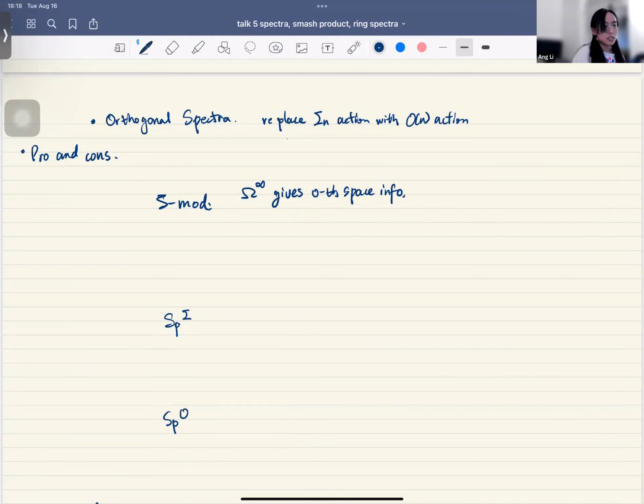And then all the objects are fibrant. And you also have that stable homotopy equivalence is the weak equivalence of the model structure we put down there. And the con is, we already saw that it is really hard to define this smash product.